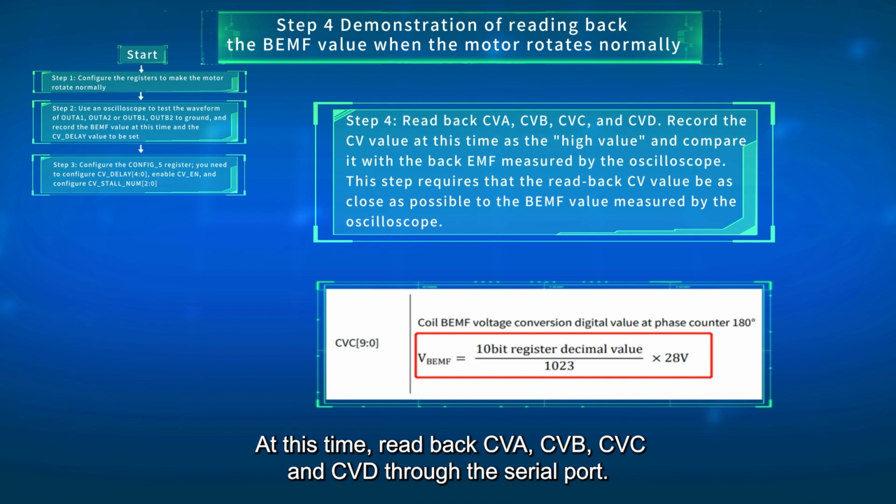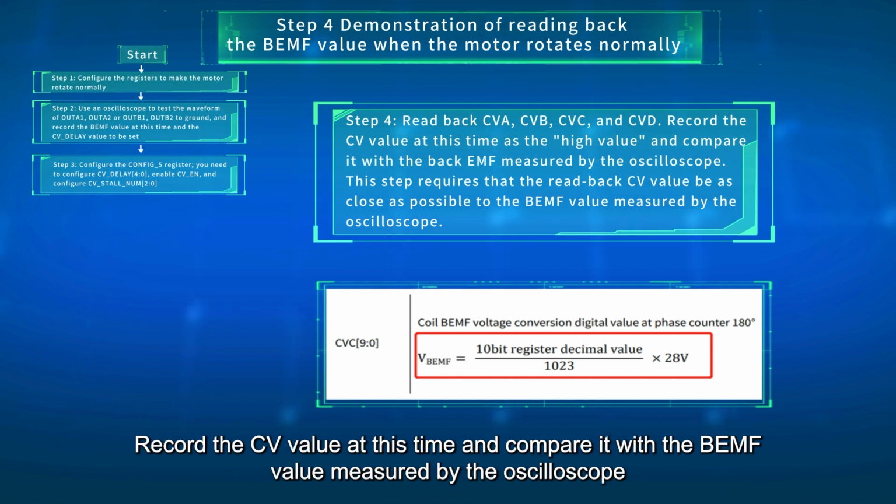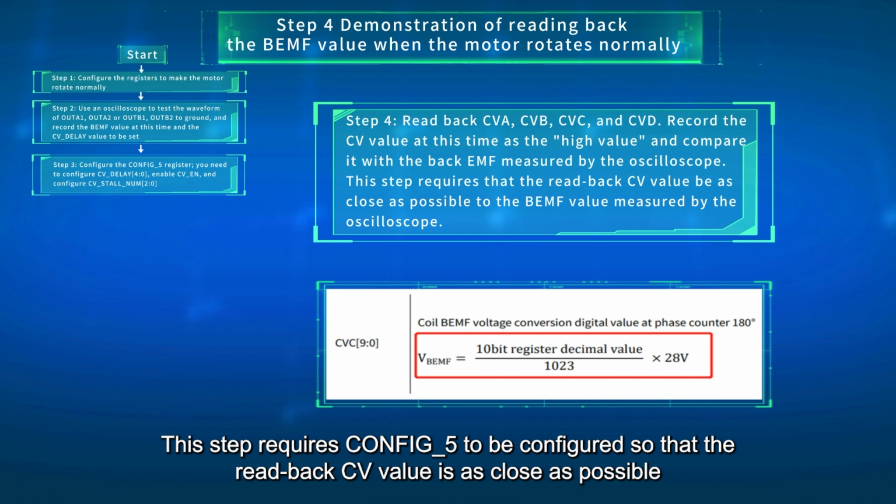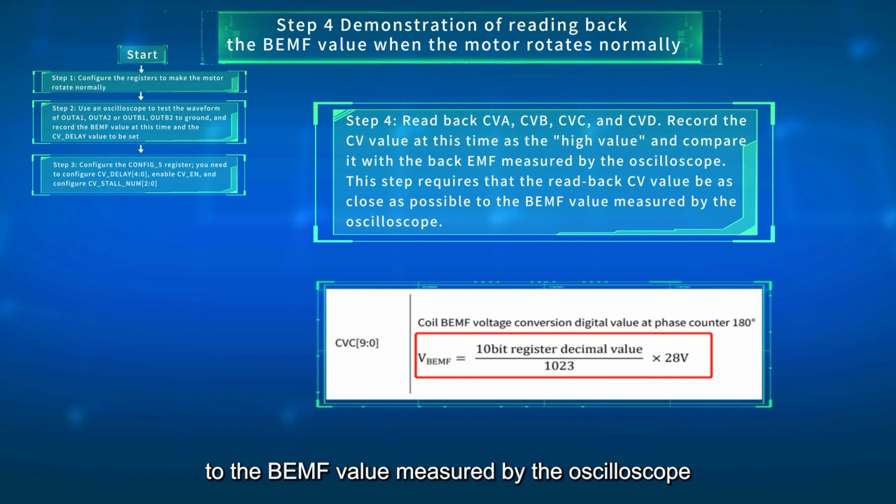Step 4. After the config5 register is configured, the motor is still rotating normally. At this time, read back CVA, CVB, CVC, and CVD through the serial port. Record the CV value at this time and compare it with the BEMF value measured by the oscilloscope. This step requires config 5 to be configured so that the readback CV value is as close as possible to the BEMF value measured by the oscilloscope.